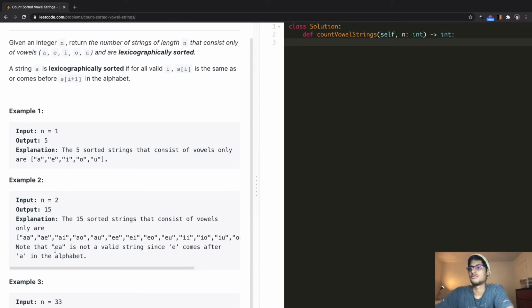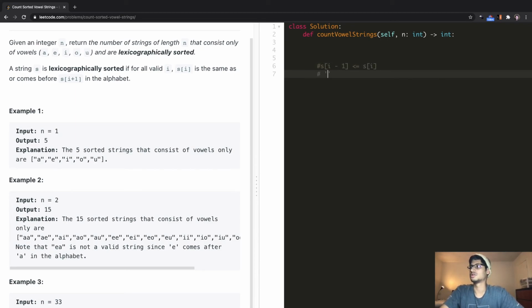Right, we cannot have ea because e is greater than a in terms of its ASCII value, and that's the definition of the lexicographical order, where for any array the ith value should be greater than or equal to its i minus 1 value, or in other words, s[i-1] should be less than or equal to s[i].